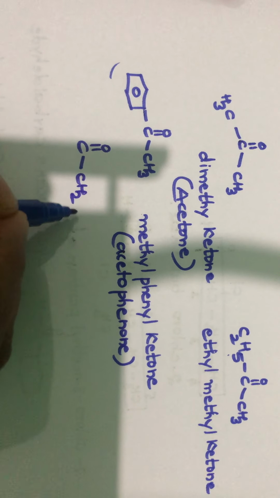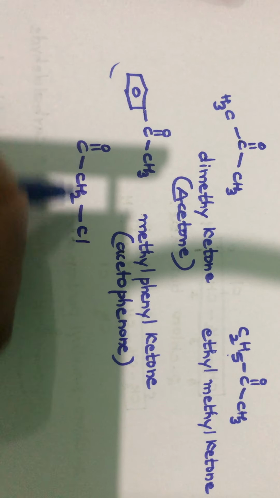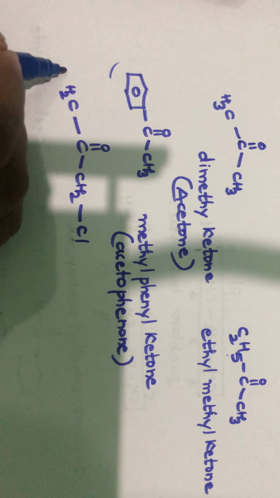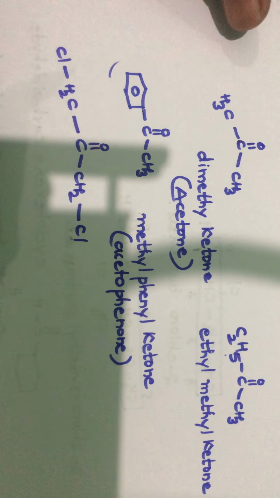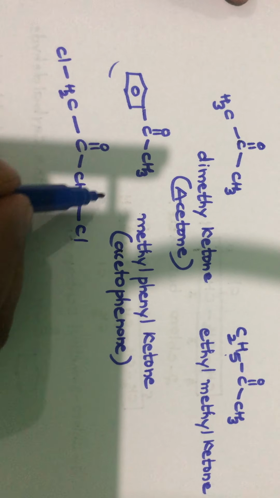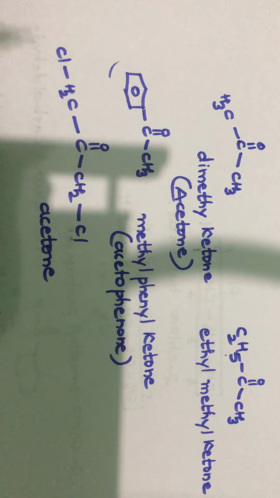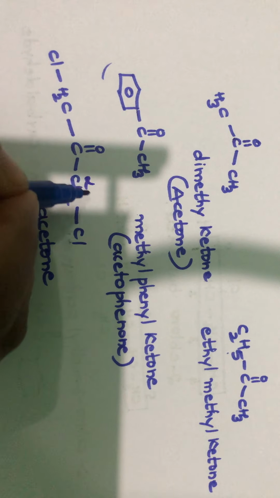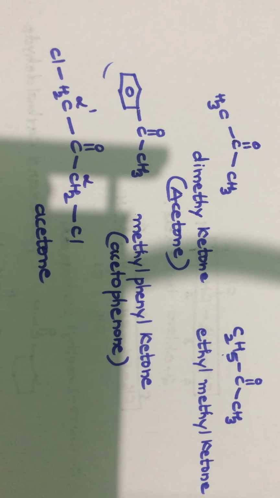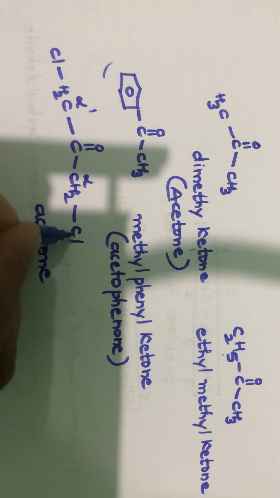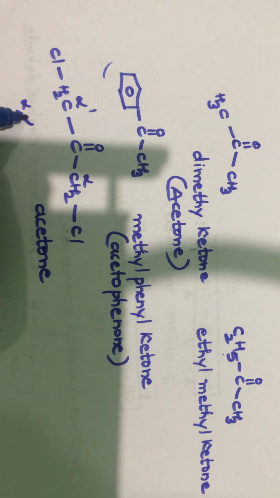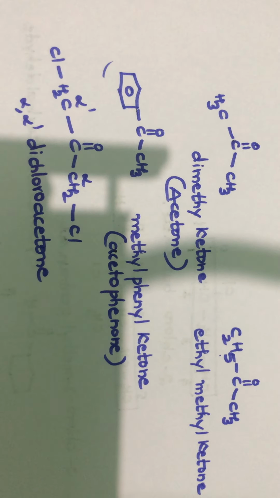If we have a compound like this, this is a derivative of acetone, so you can write it as acetone. You can name this chain with alpha, and this as alpha dash. So there is a chloride on alpha as well as alpha dash, so alpha comma alpha dash dichloroacetone is used. This is the name used.